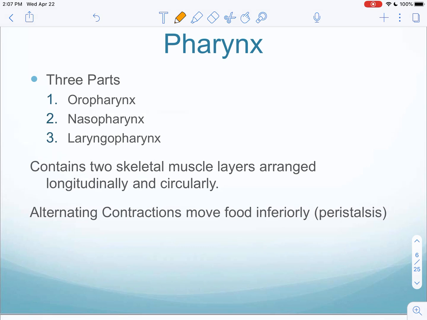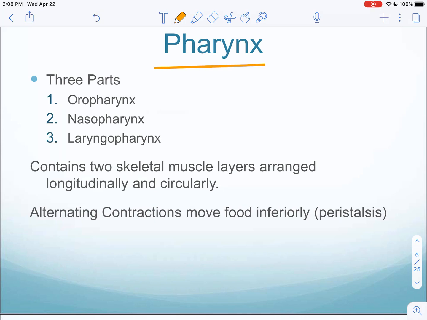There are 3 parts. We've talked about this too. The pharynx. Remember, the pharynx is part of the digestive and the respiratory tract. It's a shared food, water, and air passageway. It's only when the epiglottis closes and flips that we shunt food down into the stomach, and when it's open, we can take air into the lungs.